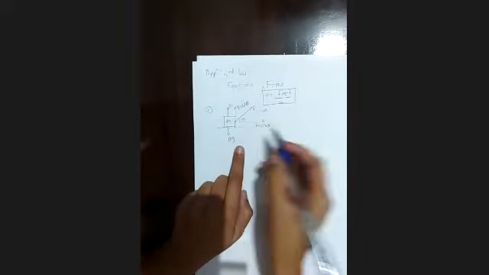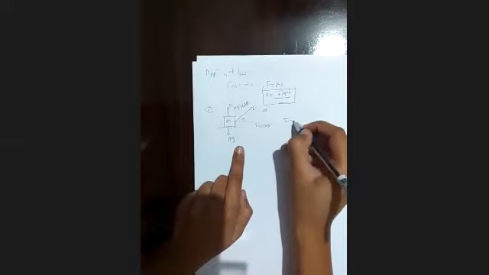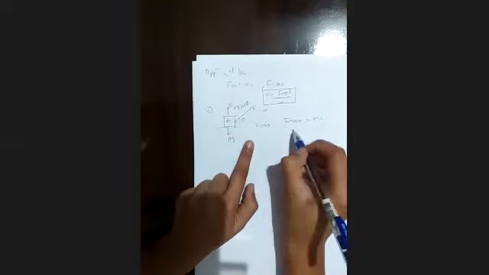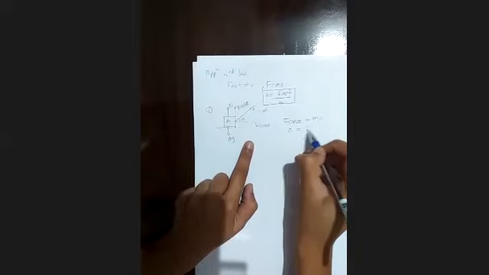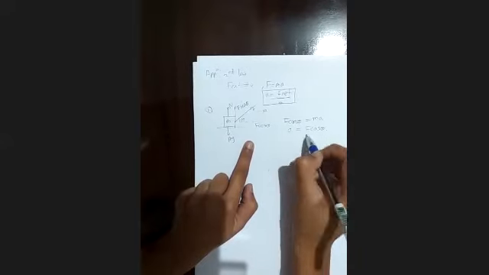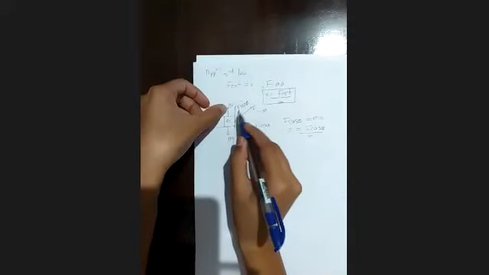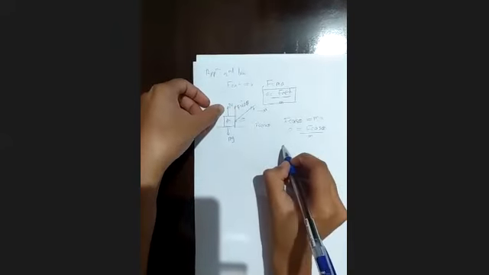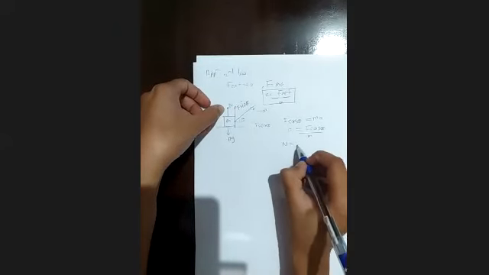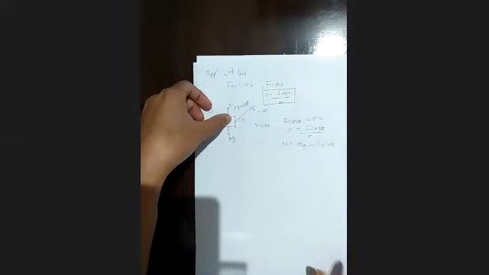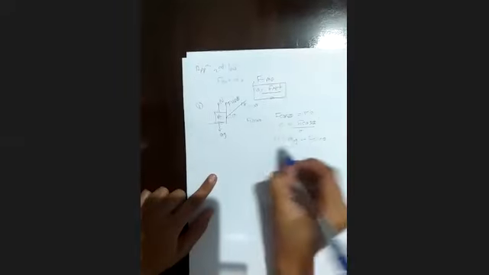So from this we get F cos theta equals m into a. From this we get a equals F cos theta divided by the total mass, that is m, and the normal reaction will be N in this direction and F sin theta in this direction also. So N is coming as mg minus F sin theta. We found the acceleration and the normal reaction.